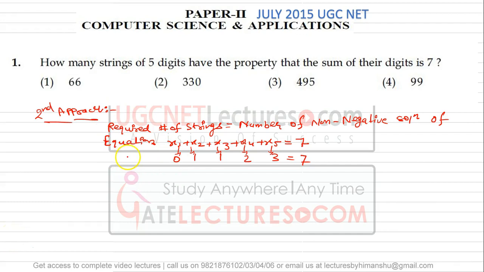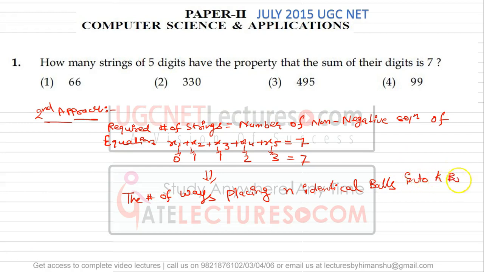If you know the number of strings equals the number of non-negative solutions of this equation, then you will observe this problem is same as the number of ways of placing n identical balls into k boxes.